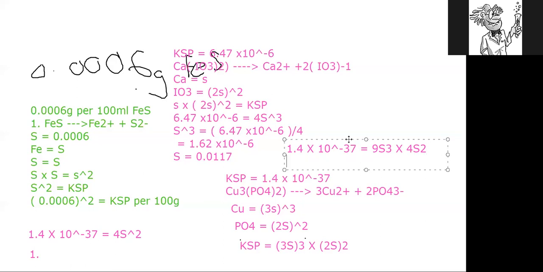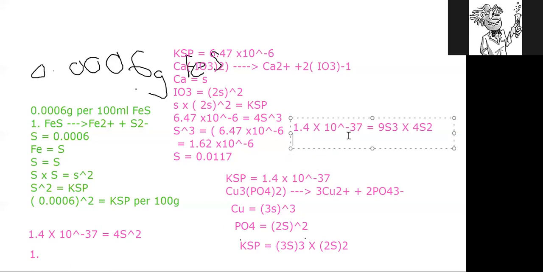Yes. Perfect. And now our last step is going to be 1.4 times 10 to the negative 37, which is going to equal 36s to the power of 5, because you add the powers when you multiply the terms.